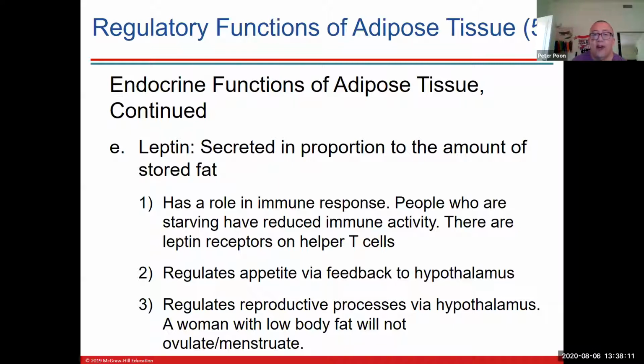Leptin regulates reproductive function via the hypothalamus. So a woman with low body fat will not ovulate or menstruate, and we see that in professional athletes, especially young gymnasts. Every ounce of fat on a young gymnast, especially the professional ones, shows, and it plays a role in their sport.